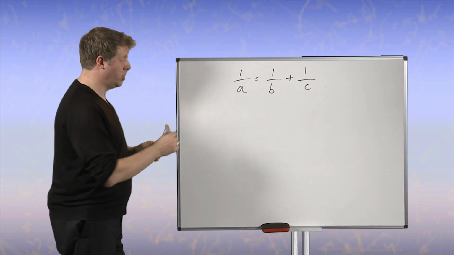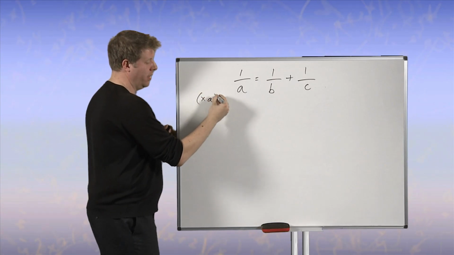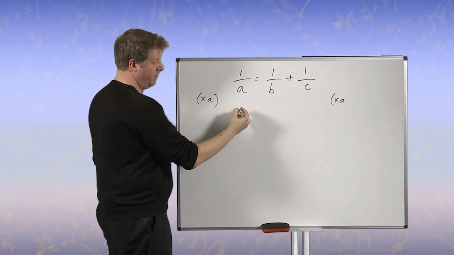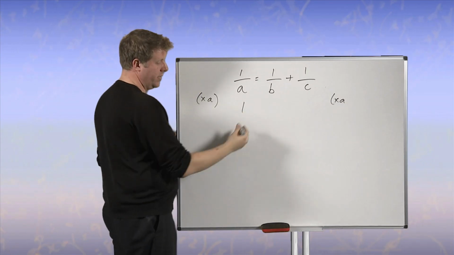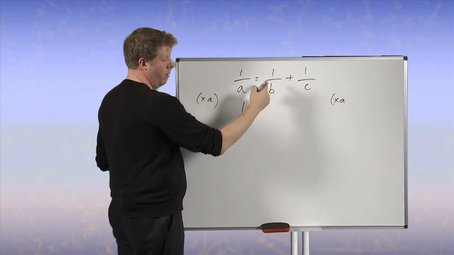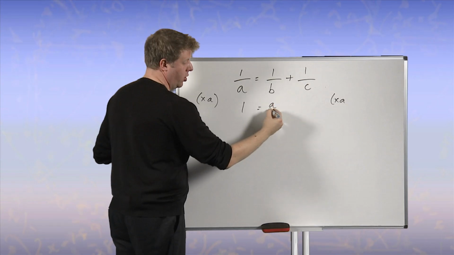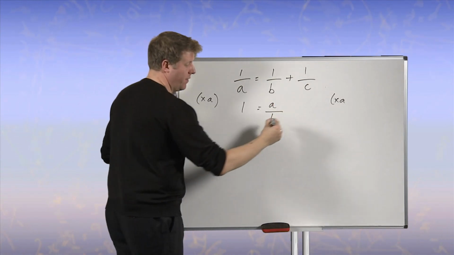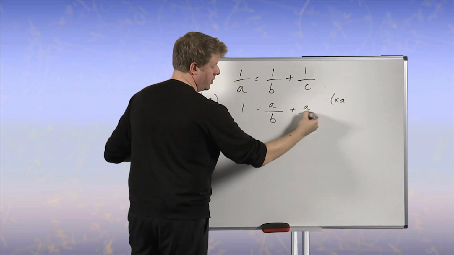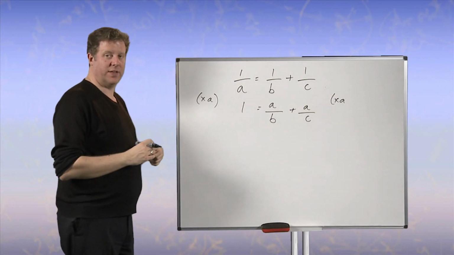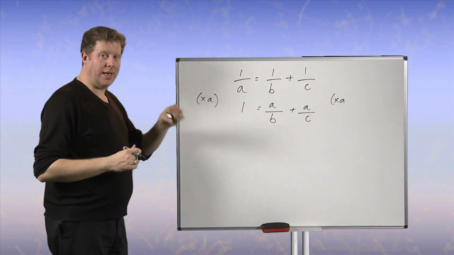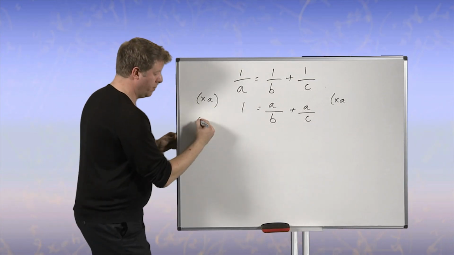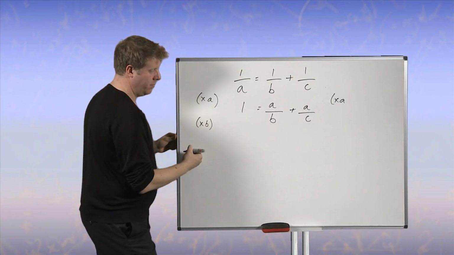So the first thing we're going to do is to multiply everything by A. That's going to leave me with just 1 on this side. Remembering everything always goes to the top when we multiply a fraction by a quantity, so it would be A over B plus A over C. Again, to get rid of one of those denominators, I'm going to multiply by B this time.